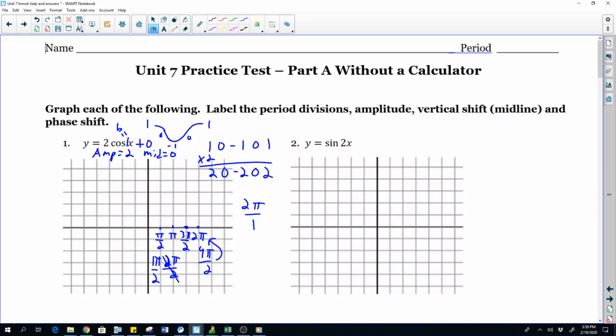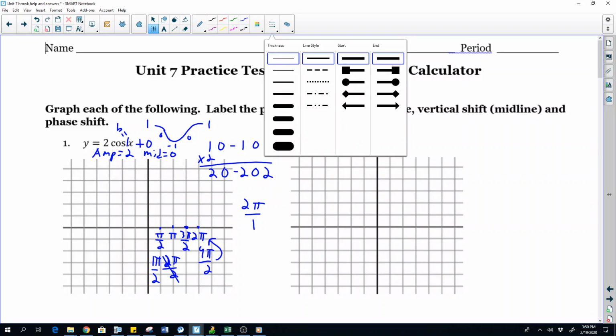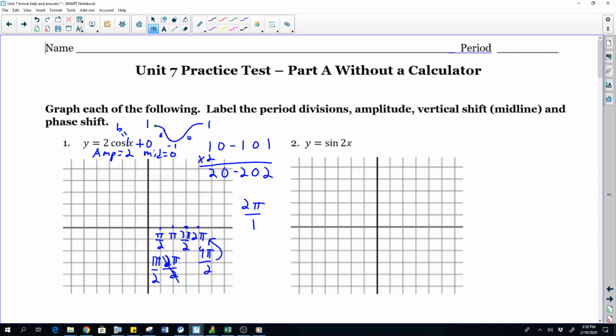Awesome. We'll use a different color now to do our graph. And so instead of starting off at 1 like we usually do, we're actually going to start off at 2 and then go down to 0 and so forth through the 5 points. So at 0 we start off at 2. Then at pi over 2 we're going to go down to 0 next.